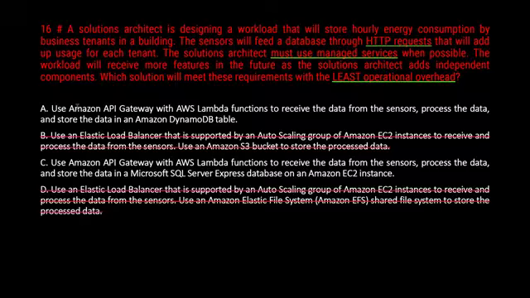Then let's look at A and C. Both use Amazon API Gateway to get the HTTP requests. That is fine. Both have Lambda functions to receive the data from the sensors and process the data. That is all fine. But if you look at the later part, here it is storing in Amazon DynamoDB, whereas this is storing in Microsoft SQL Server Express on EC2.